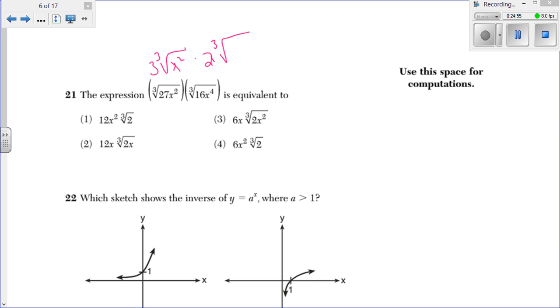Oh, I have x to the third, so it'll be x, and then on my left-hand side 2. x is what I'm left with inside, so if I multiply my outsides, I get 6x cube root x, sorry, 2x to the 1, 2, 3, and you can take that out, so it's 6x squared cube root 2. So that is choice 4.